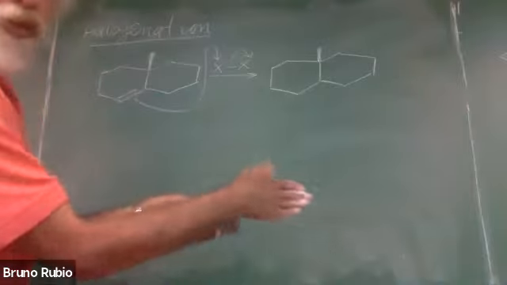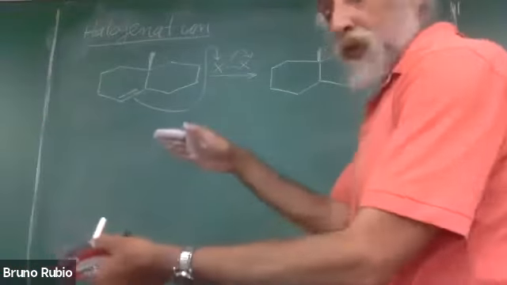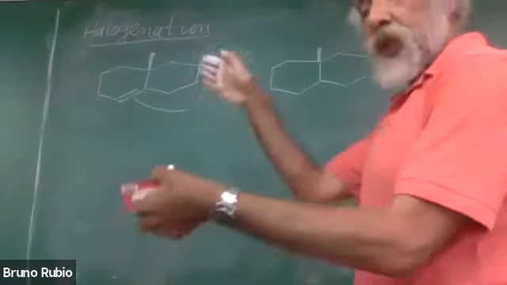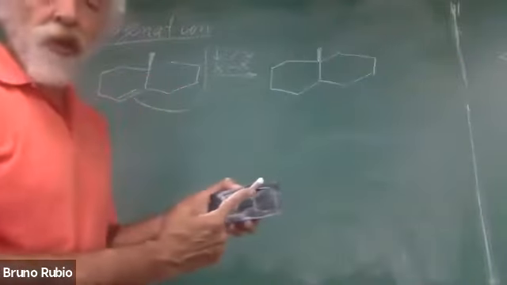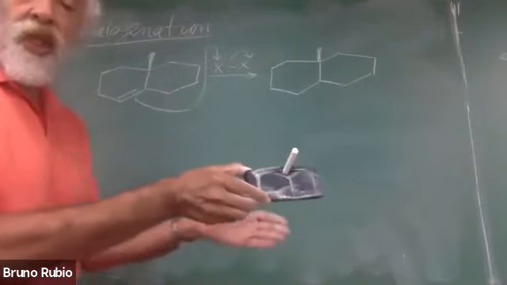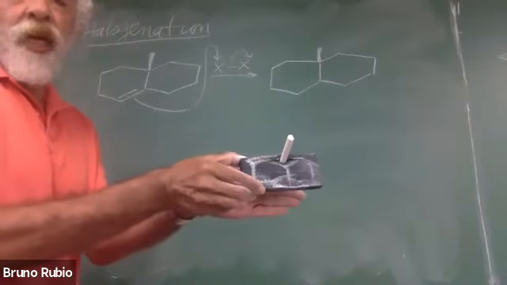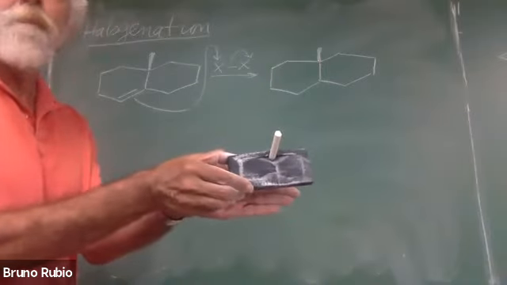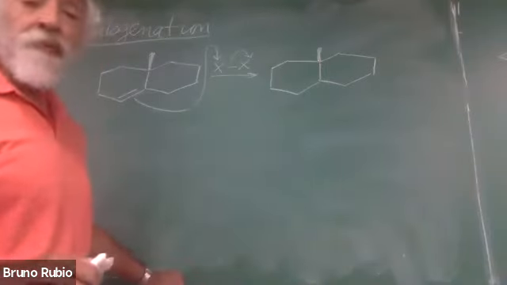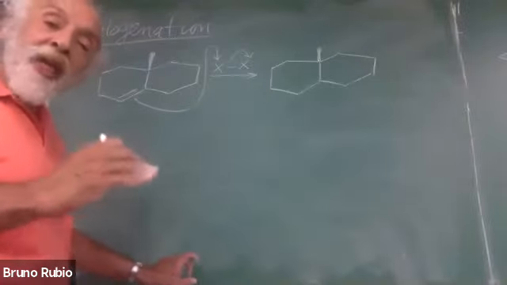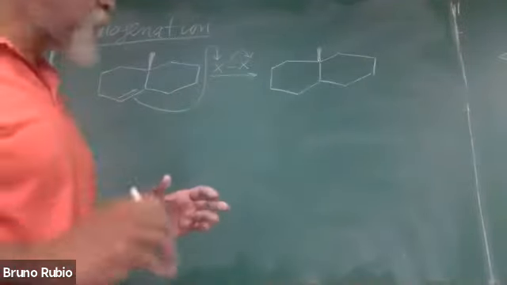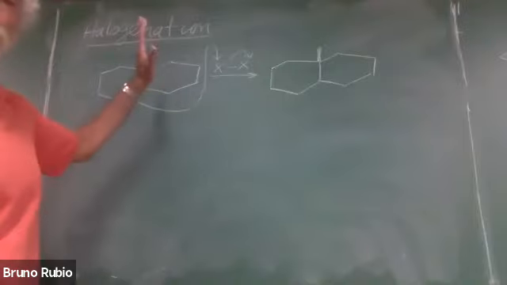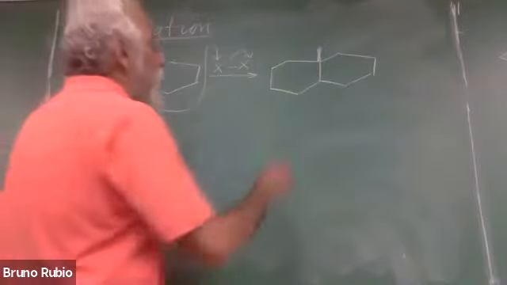Is it going to approach from this direction? Nope, because that methyl group is in the way. It's easier for the halogen to come in from the back. So this is what I mean by cyclic halogen on the less hindered side. The back of this molecule is an easier approach than the front.